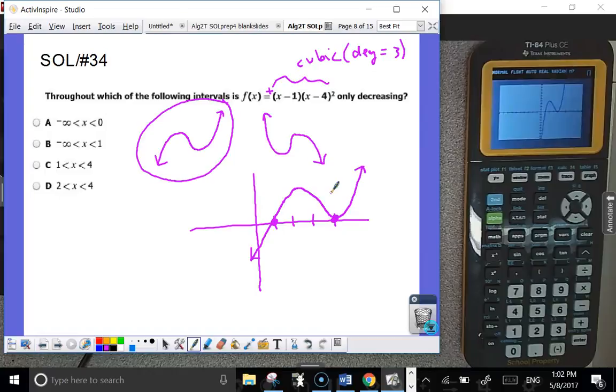So remember, the one thing to remember about when you're doing these intervals of increasing and decreasing, they are intervals of x, right? It's only for the x values. So let's see, the x values that start at negative infinity and go to 0, you could see right from the left side of the graph all the way to the y-axis. What do you think the graph is doing in that interval?